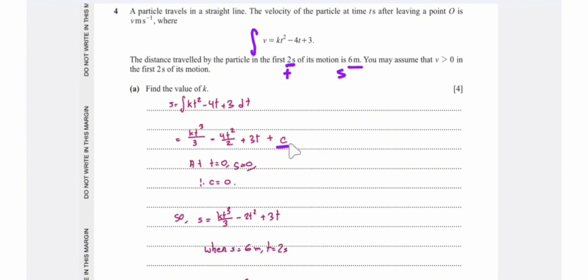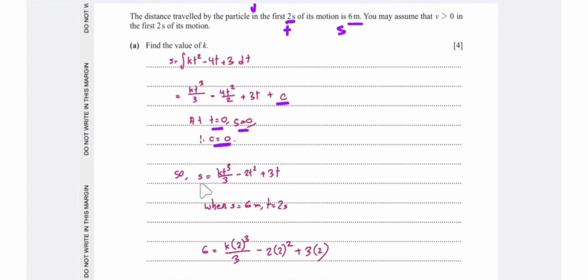At point O, at time t equal to 0, the displacement is also 0. So if we substitute the values, the value of c is 0.